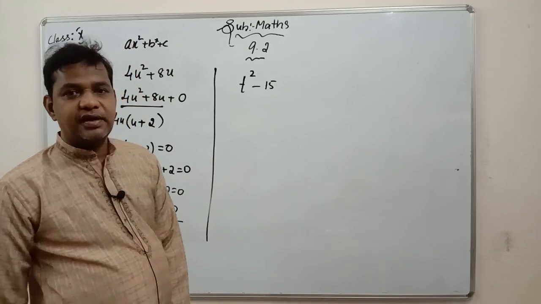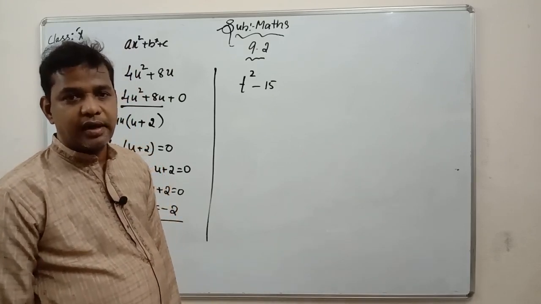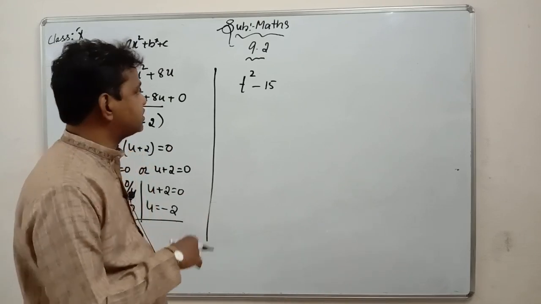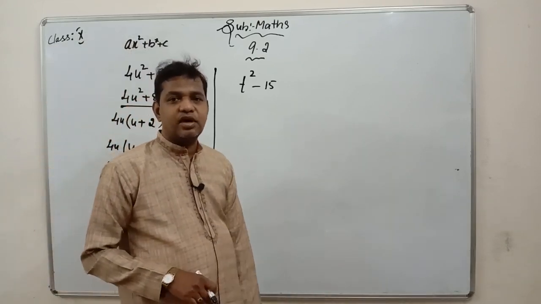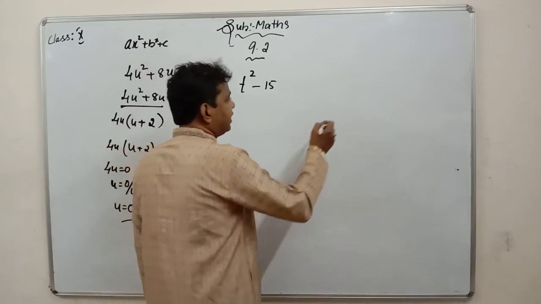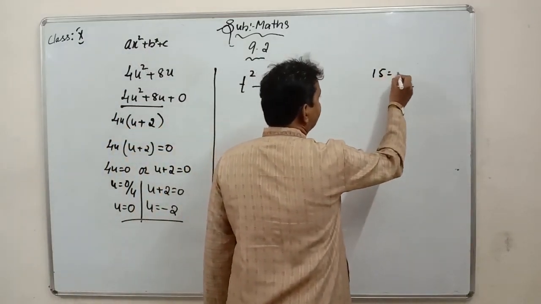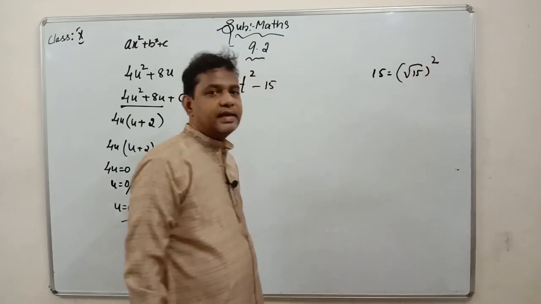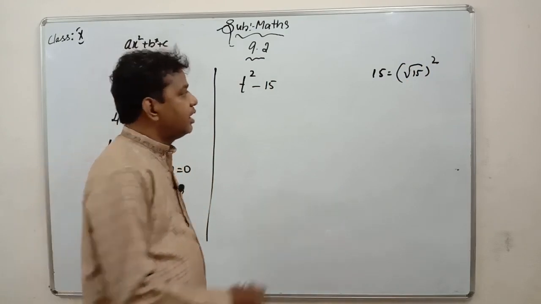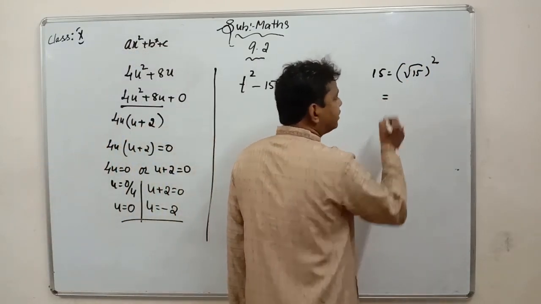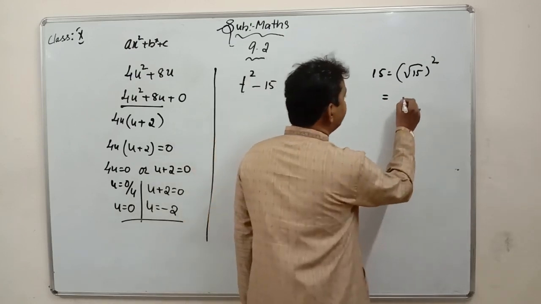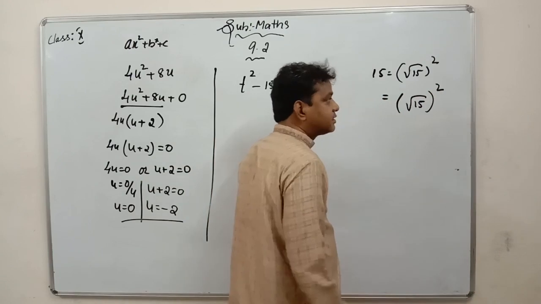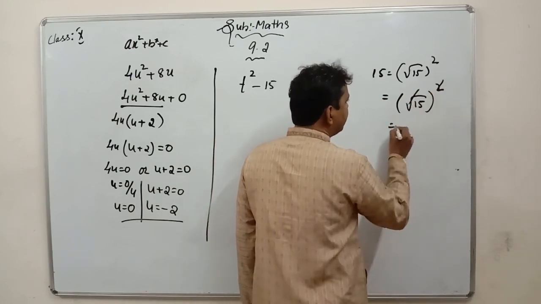I told you already, we have solved one problem on this basis. 15 can be written as root 15 whole square. If you write root 15 whole square, then cancel the square and the root, you will get 15.